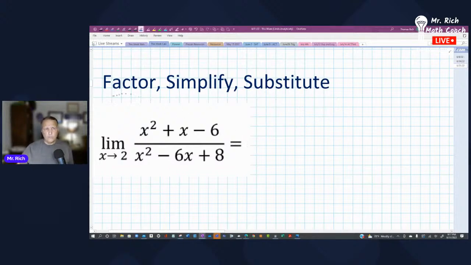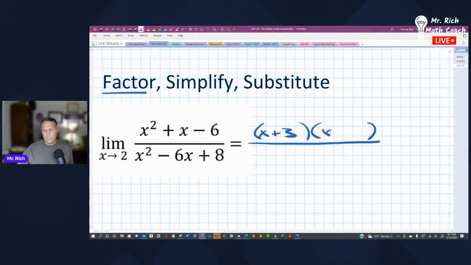What I'm going to do is try to factor my numerator and denominator and then try to simplify. So this is going to become x plus 3, x minus 2 when I factor it. My denominator, when I factor that, is going to be x minus 4, x minus 2.